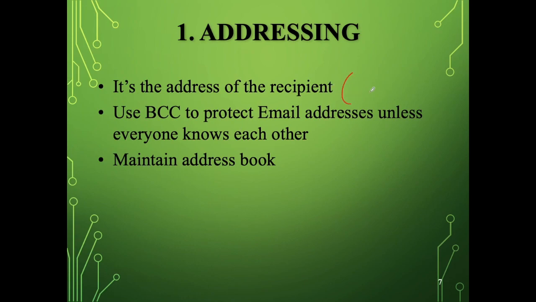You should be clear about who your targeted audience is. Then you should use BCC to protect email addresses unless everyone knows each other. If everyone is known to each other and you want to show who else is receiving your email, use the option CC, or carbon copy.